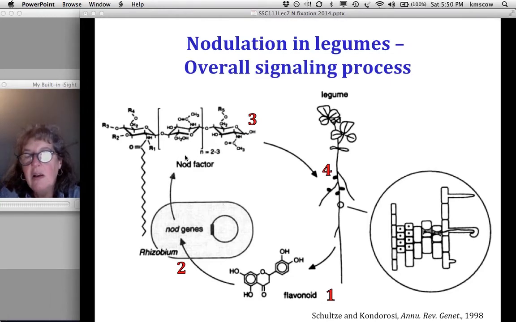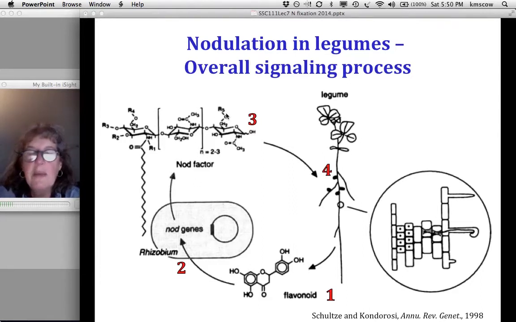And then using the nod genes, it's going to take that original signal compound and add some additional pieces to it and send it back to the plant saying, yeah, I hear you. I'm interested.